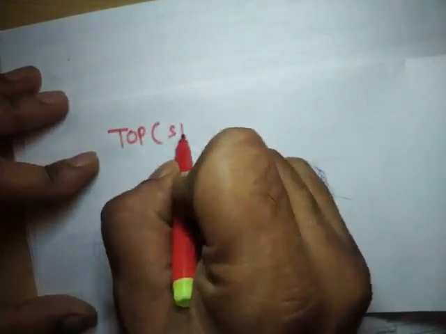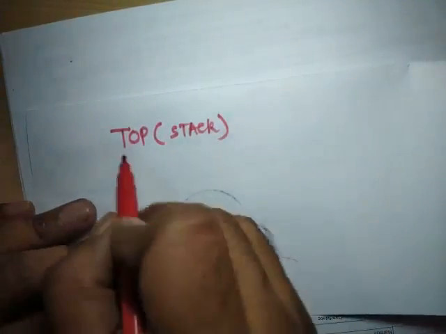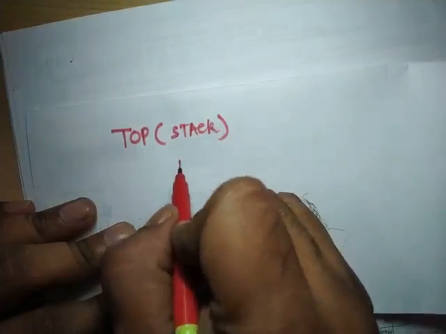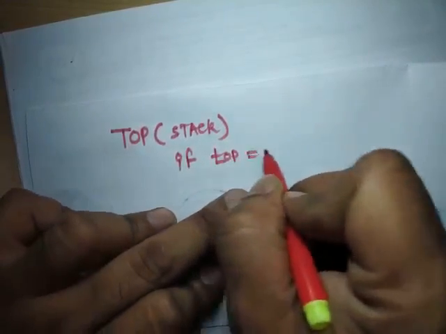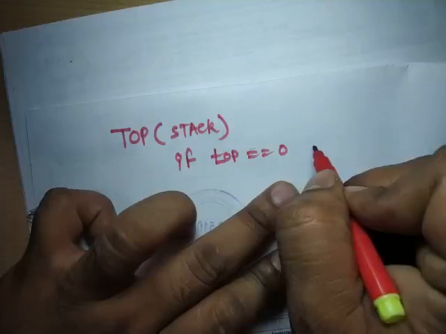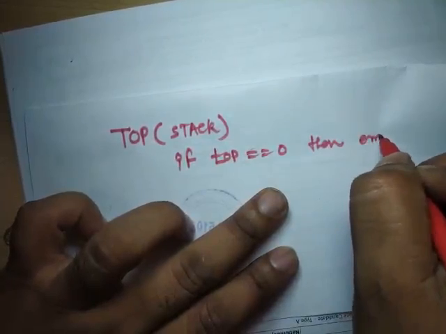So this is the second operation. Now the third operation we are going to see is the top operation. This top operation takes a stack as an input, and there is a simple condition: if top is equal to 0, then it will print an error message.